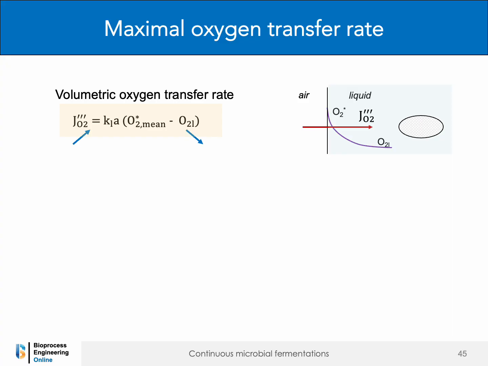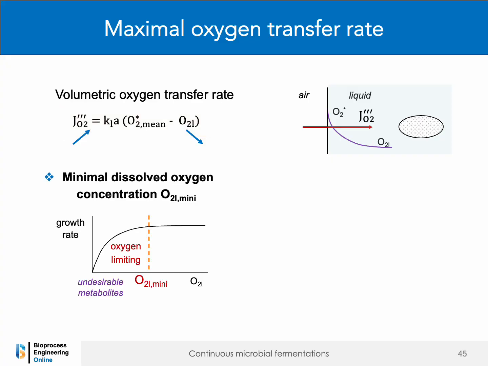The oxygen transfer rate increases with the driving force, O2* mean minus O2_L, and would theoretically be maximal if the dissolved oxygen concentration were allowed to approach zero. In practice, however, the dissolved oxygen concentration cannot be reduced arbitrarily. Below a critical minimum value, O2_L mini, cells experience oxygen limitation, leading to reduced growth rates and potentially to the formation of undesired byproducts.